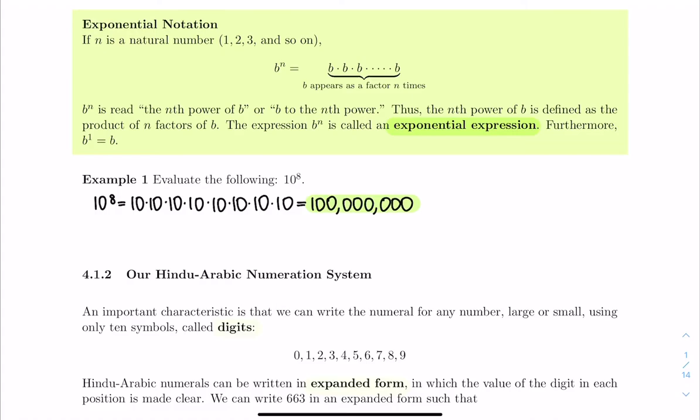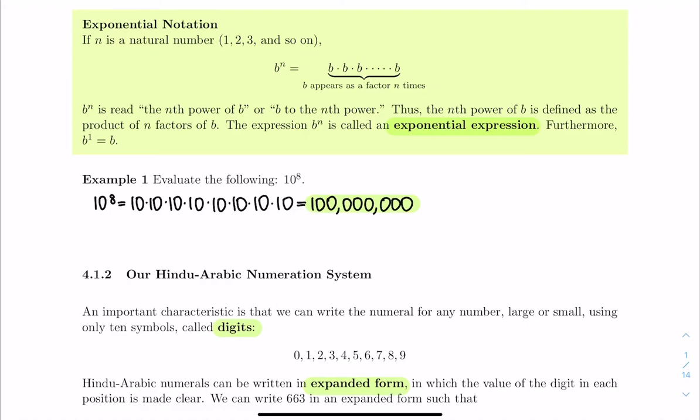Now let's talk about our numeration system, and this is the Hindu-Arabic numeration system. An important characteristic is that we can write the numeral for any number, large or small, using only 10 symbols, which we call digits, and that's 0 through 9. We can write our numerals in expanded form, in which the value of the digit in each position is made clear.